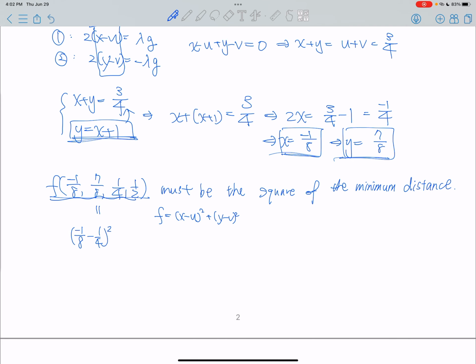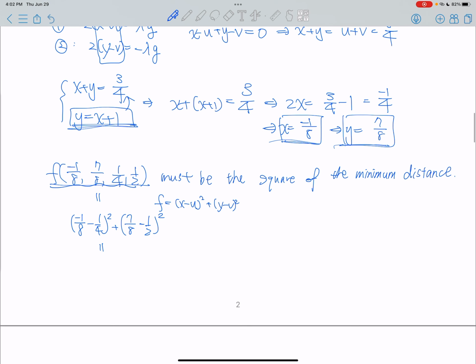And this is just this, which is 9 over 32. So this is the square of the minimum distance.